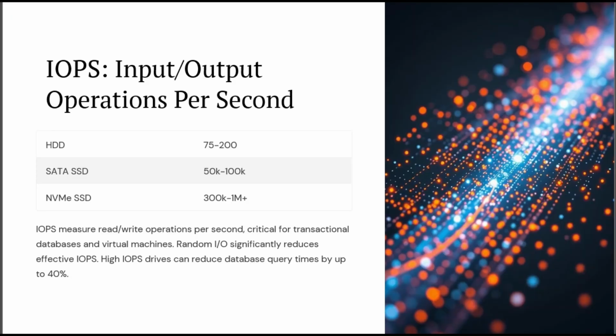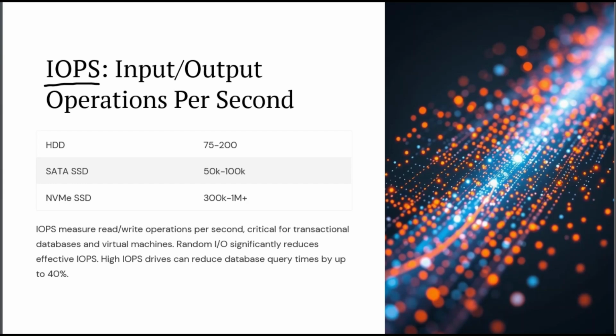So the last parameter is IOPS, also known as input output operations per second. Input output operations per second measures read and write operations per second, critical for transactional databases and virtual machines. It means how fast the input output operations are being performed in the disk.